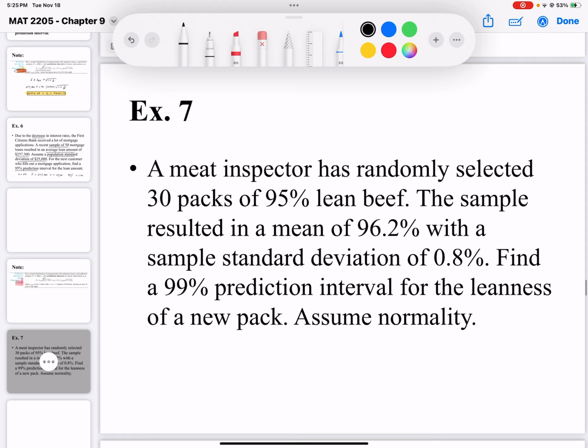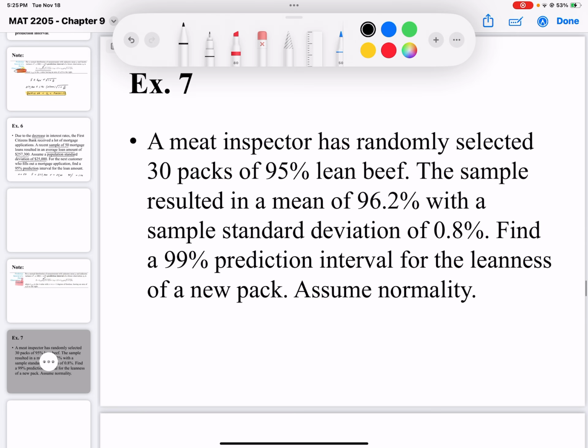Okay, so let's look at example 7. A meat inspector has randomly selected 30 packs of beef. I hope you see then our n is 30. 30 packs of 95% lean beef. Now, don't let that 95 confuse you.